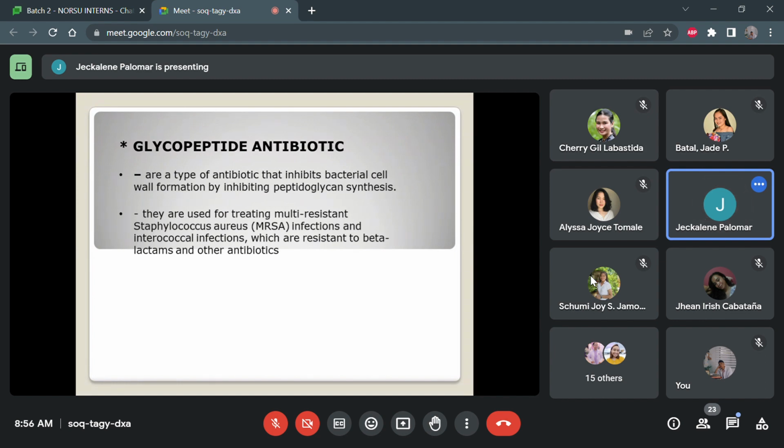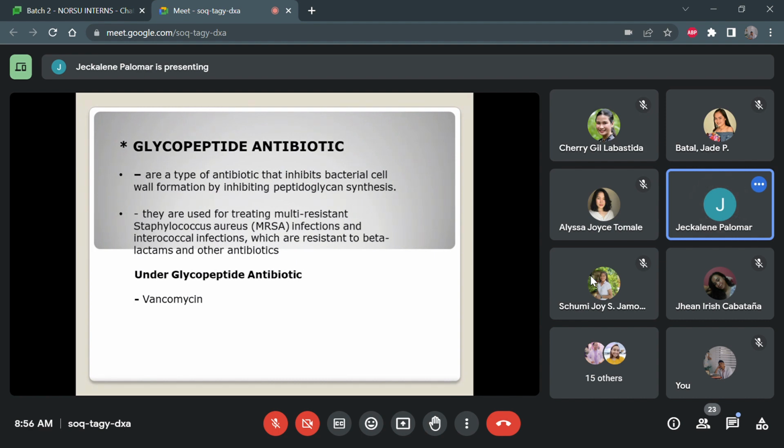It kills the bacteria. It is an antibiotic that inhibits bacterial cell wall formation by inhibiting peptidoglycan synthesis. They are used for treating multi-resistant Staphylococcus aureus infection and enterococcal infections, which are resistant to beta-lactams and other antibiotics. The example of glycopeptide is vancomycin.